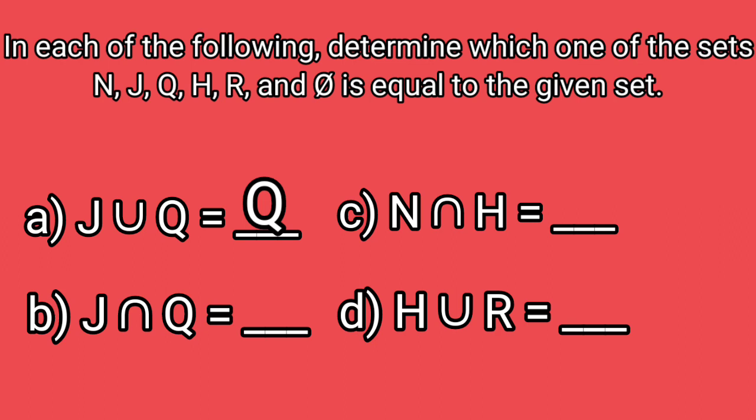This intersection is the set of integers, and thus J intersection Q is equal to J. C. Because the set of positive integers and the set of irrational numbers have no elements in common, N intersection H equals the empty set. D. The union of H and R is the set of numbers that are either irrational or real. Because the set of irrational numbers is a subset of the set of real numbers, H union R is equal to R.